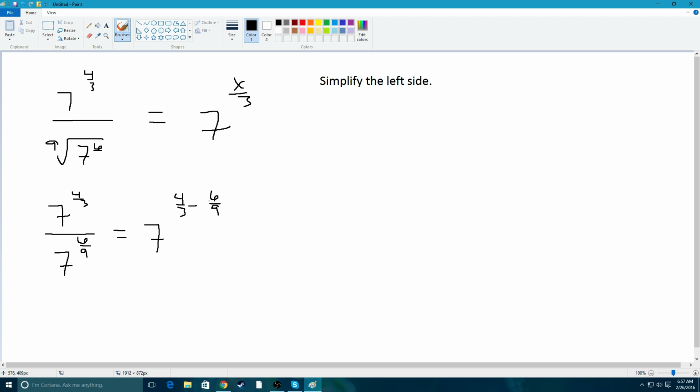Actually, you can even reduce this. We can keep 7 to the 4/3 and reduce 6/9 to 2/3. So this becomes 7 to the 4 minus 2, which is 2/3.